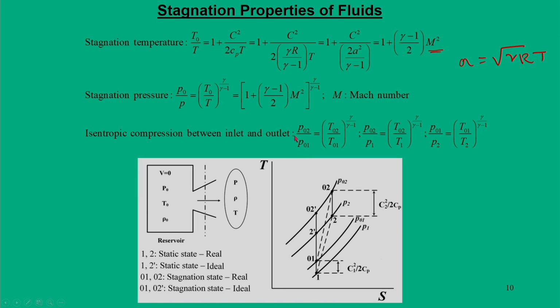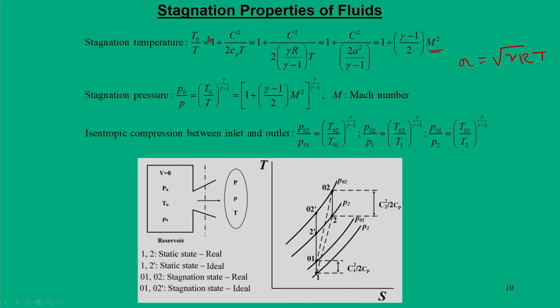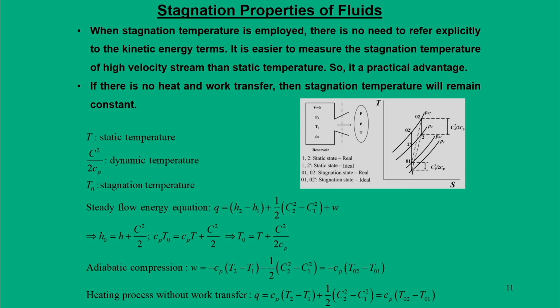Another important factor I would like to explain is that from the beginning we assumed the process to be adiabatic. In certain situations, if the changes are also associated with a change in pressure, such a process can be considered an isentropic process by defining these stagnation properties.